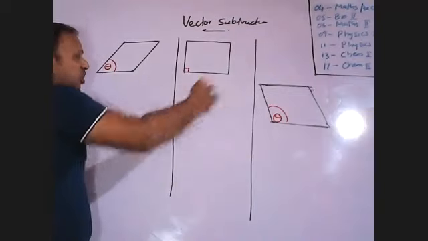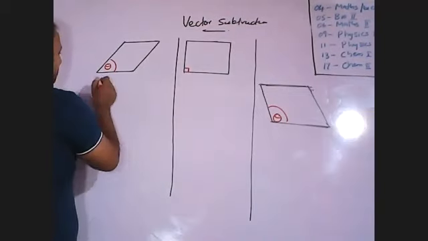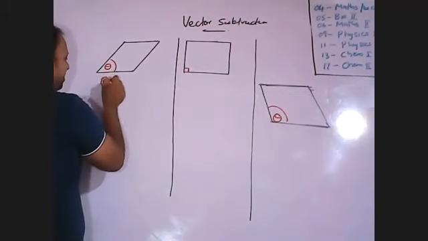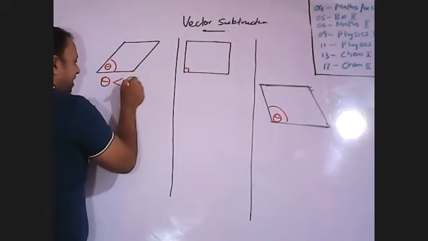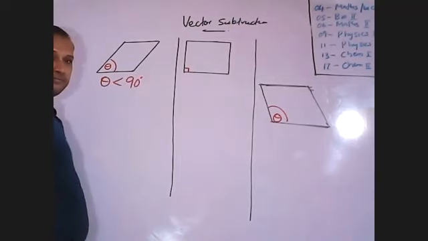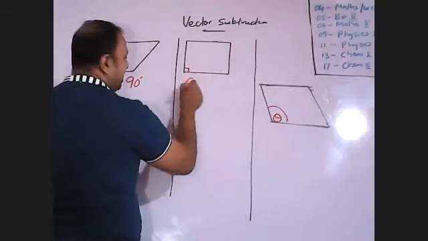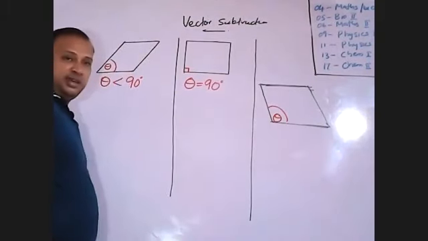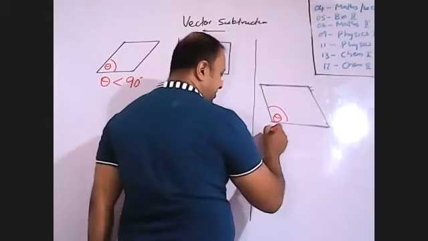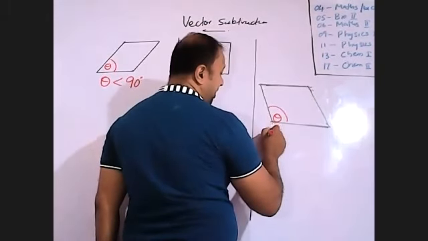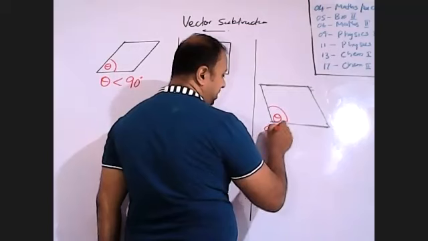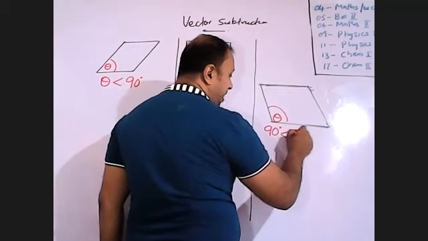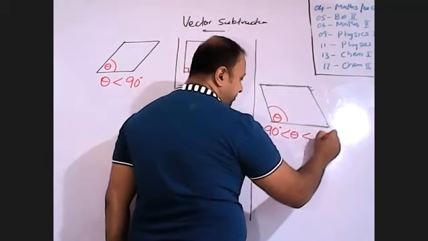If in this case theta is less than 90, that means it is an acute angle. In this case, theta is equal to 90. In this case, theta is greater than 90 but lesser than 180.